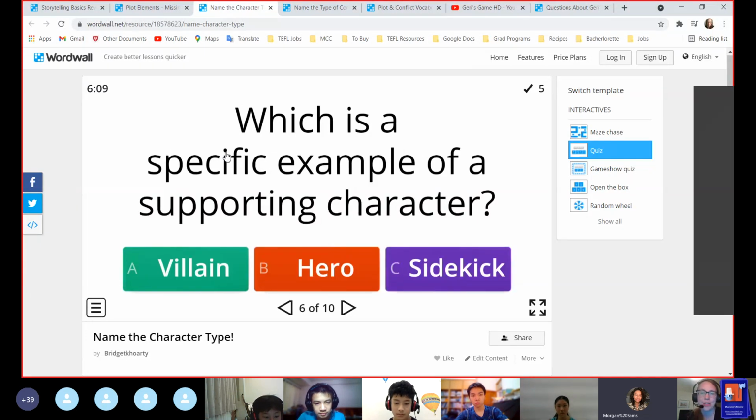All right, let's see. Question 6. Which is a specific example of a supporting character? Villain, hero, or sidekick? Raise your hand if you think it is villain.